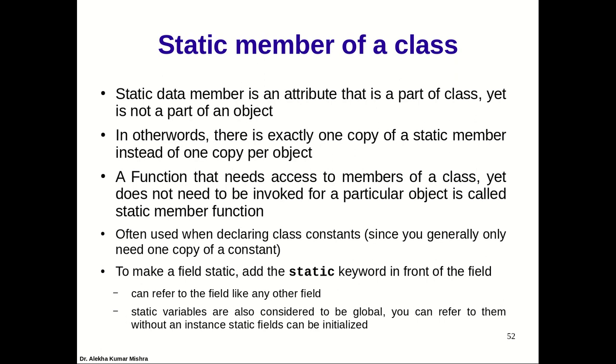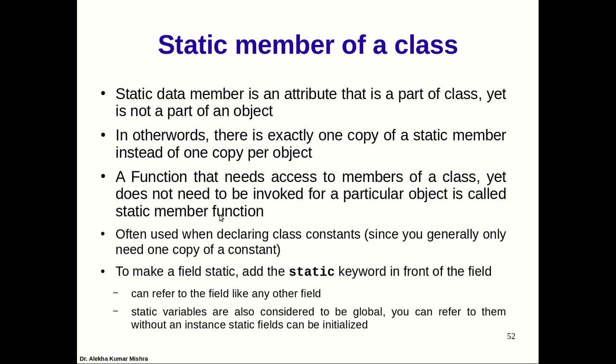Student 1 cannot have a value for strength, and student 2 cannot either. Overall, the entire class of student will have a data member strength, and all the objects can refer to this value, the strength of this class. But it will not be an individual copy for each object. In other words, there is exactly one copy of a static member instead of one copy per object.